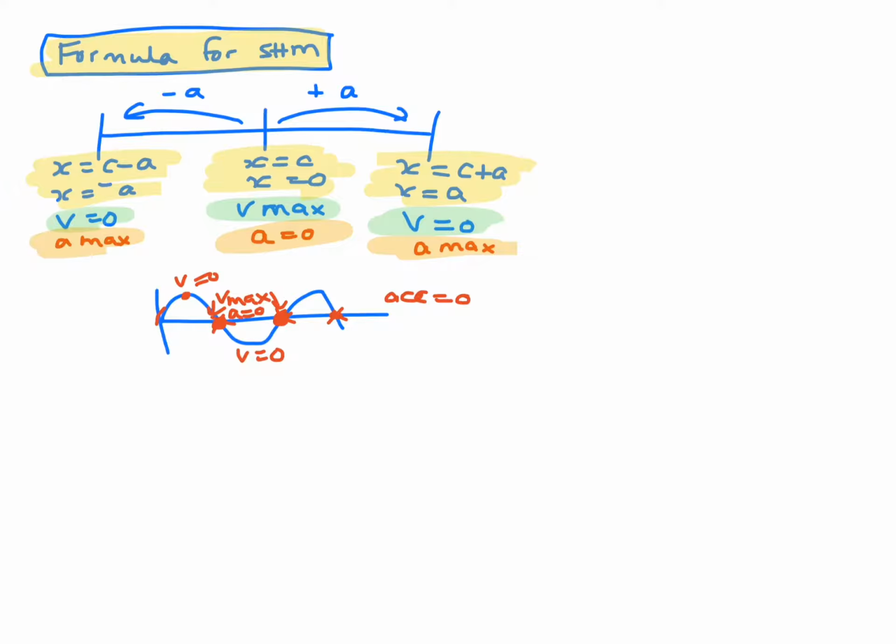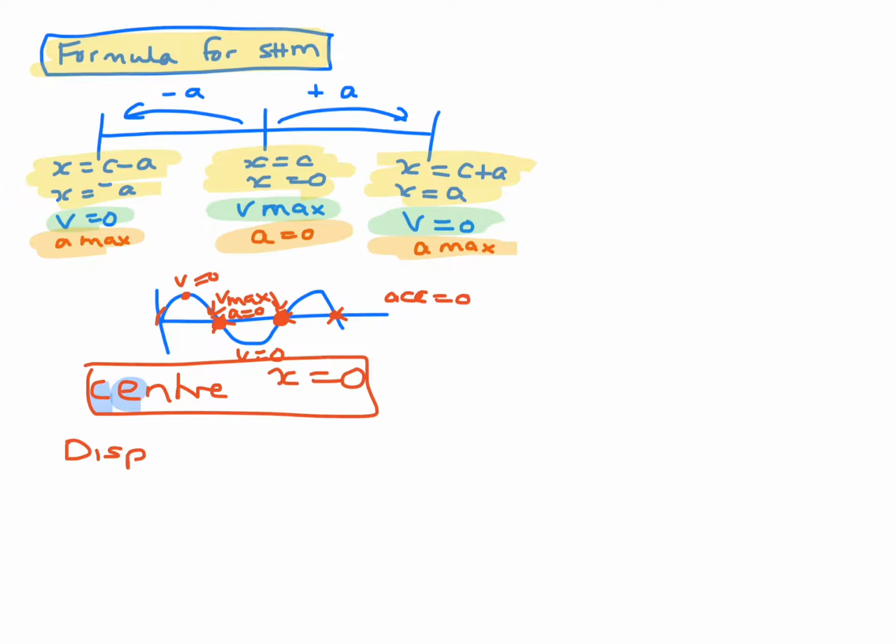So the actual formulas, we'll do it for the centre. If the centre is at the origin, then for it to be in simple harmonic motion, you have the displacement. So the displacement is any form of sine or cos curve.